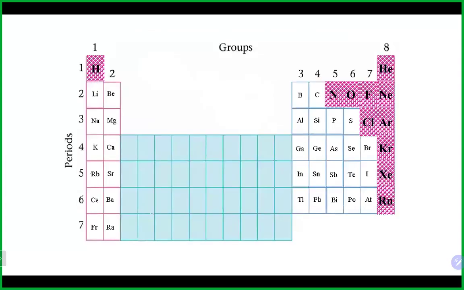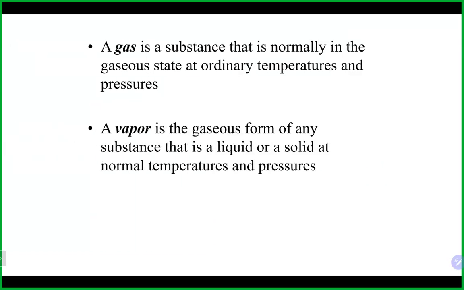If you look at the periodic table, here are our gases, and obviously here are gases. Now, this is a good point to talk about the difference between a gas and a vapor. A gas is a substance that under normal conditions would be found in the gas phase.